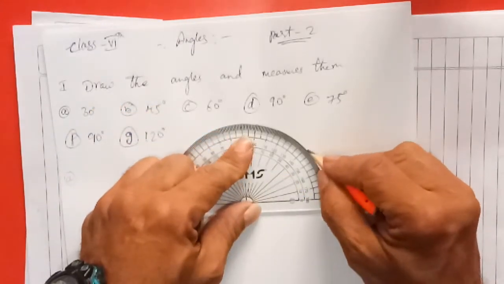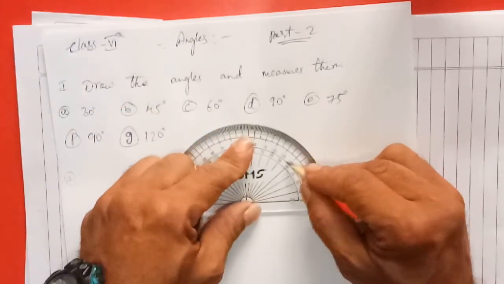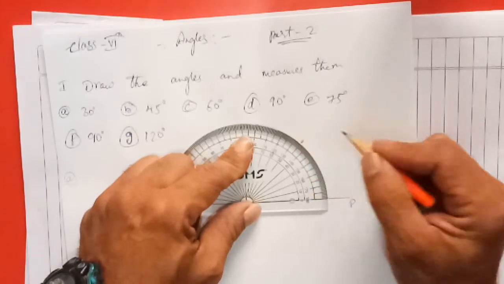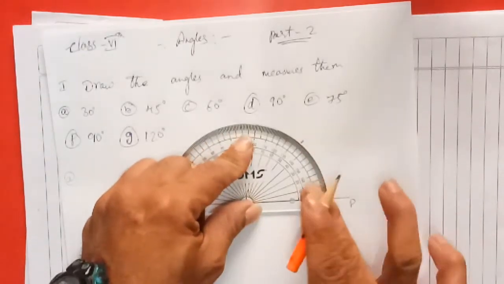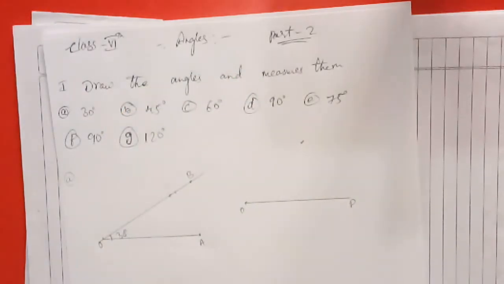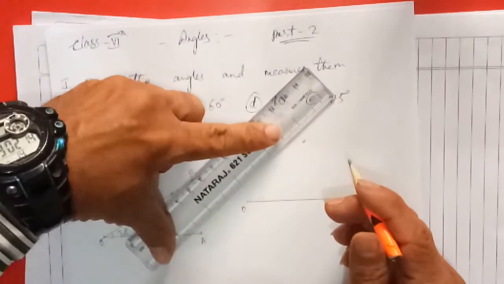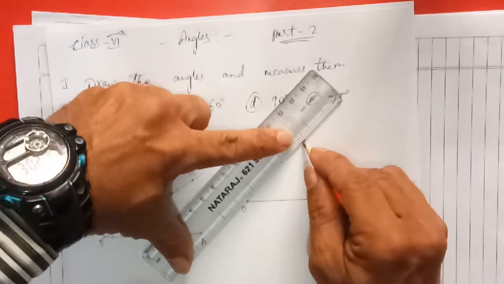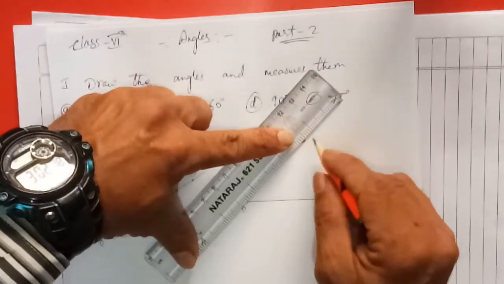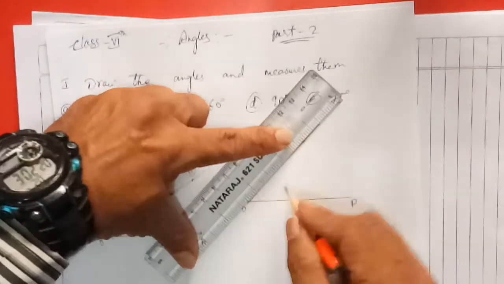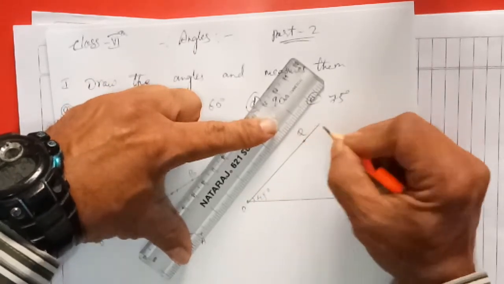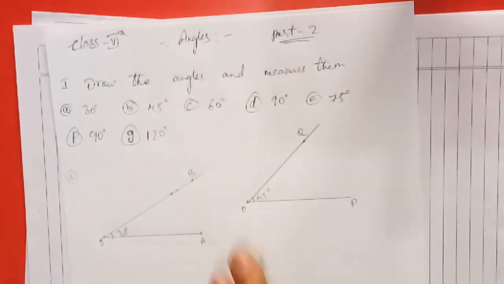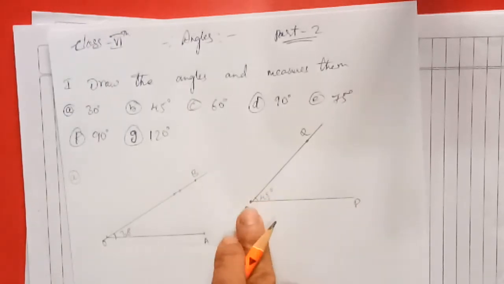See, after 30, between 40 and 50 you have to mark it, right? That is for 45 degree. Understood? After that you have to draw with a scale, joining this point to the other point. This angle is 45 degree. We can name this point Q, right? Two arms are there, one angle is there, and the vertex is O.